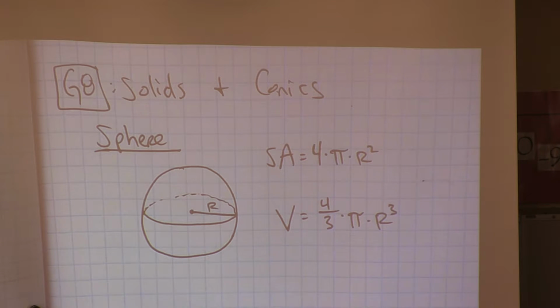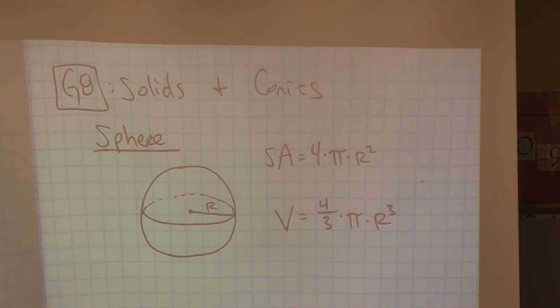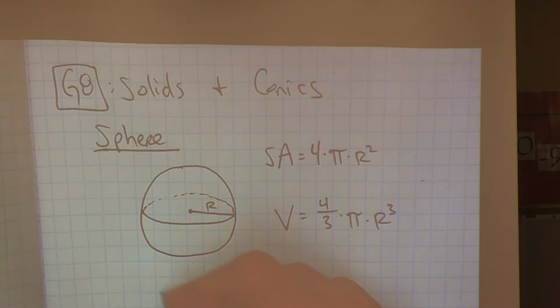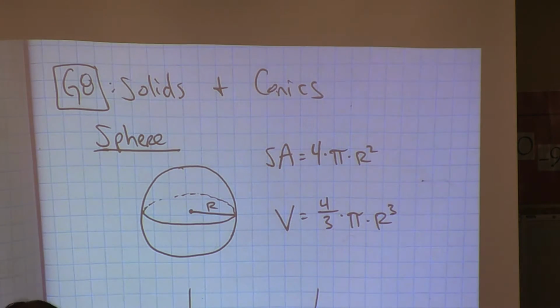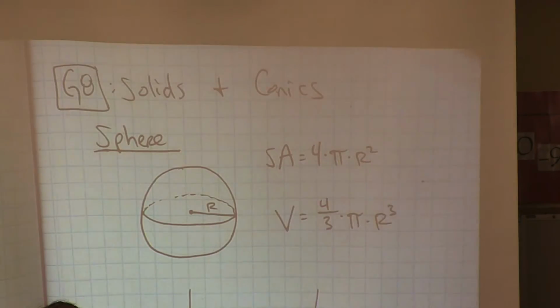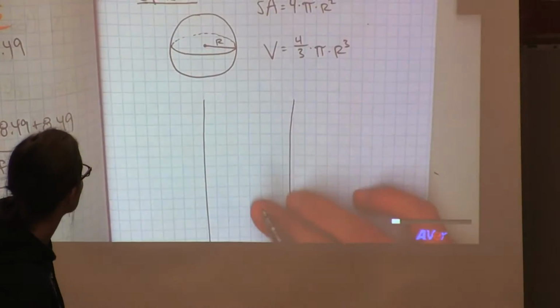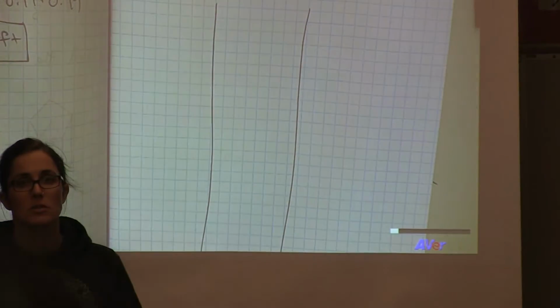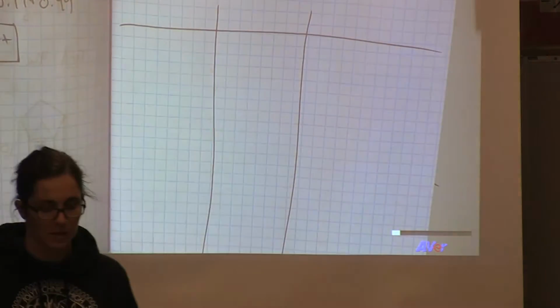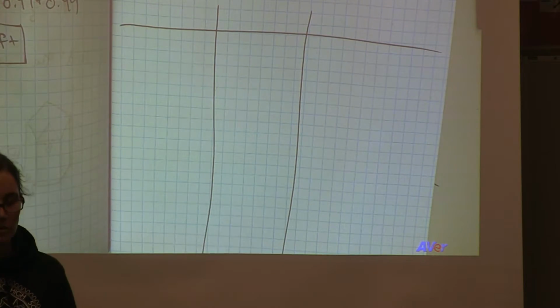Now what I need you to do on your paper is make three columns. Fairly even columns. Columns go up and down. Like we're going to make a little long table.